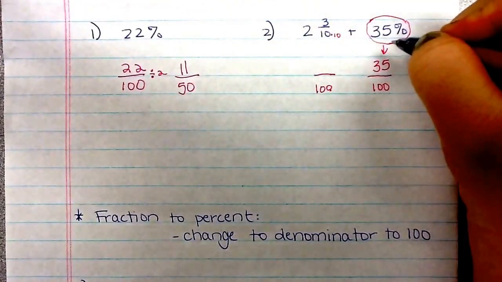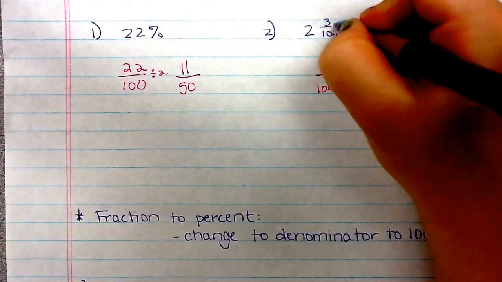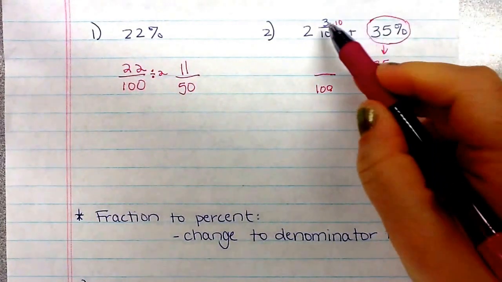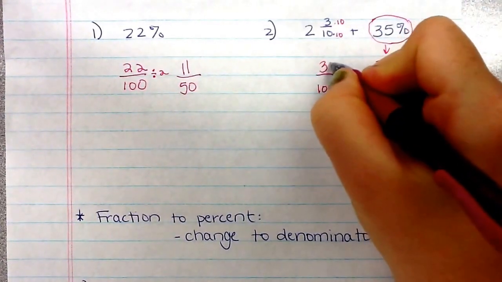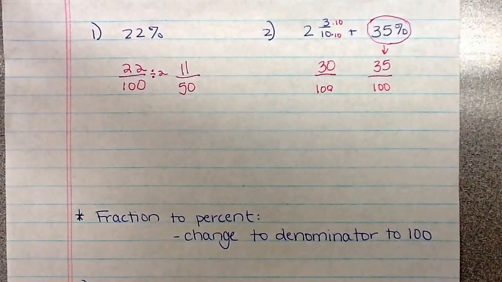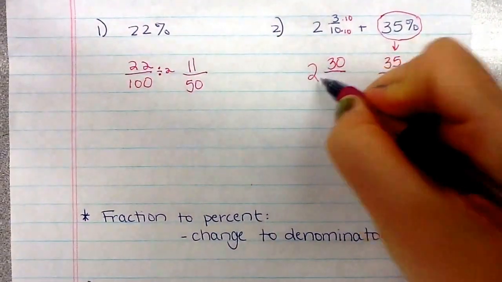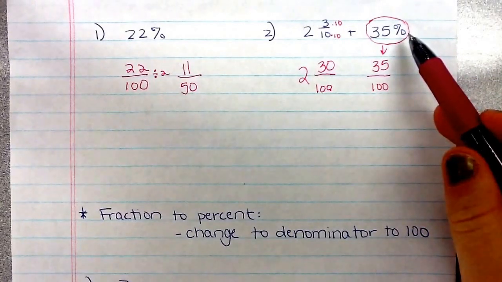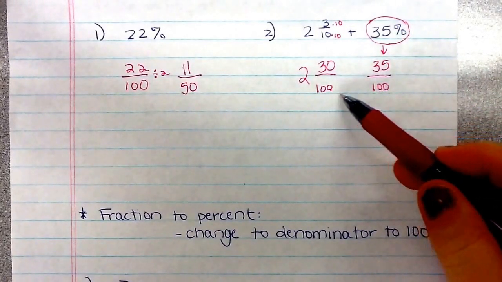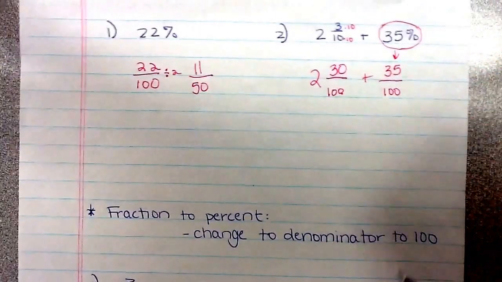What I do on bottom must do on top. 3 times 10 is 30. So now our problem has become 2 30/100 plus 35/100.